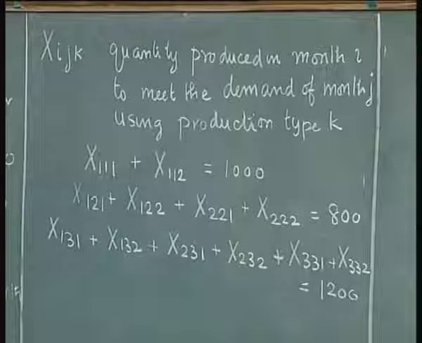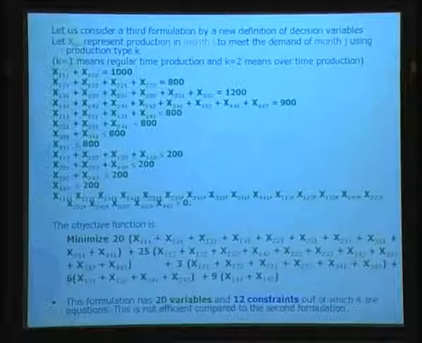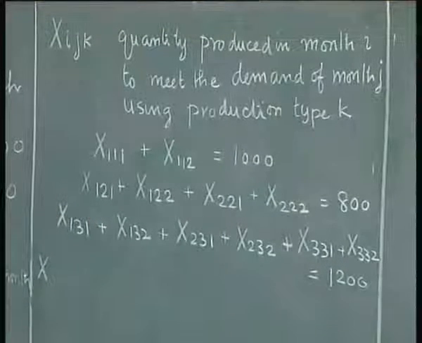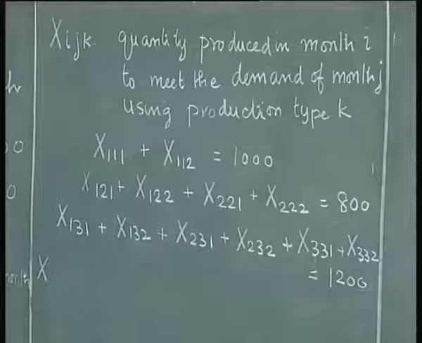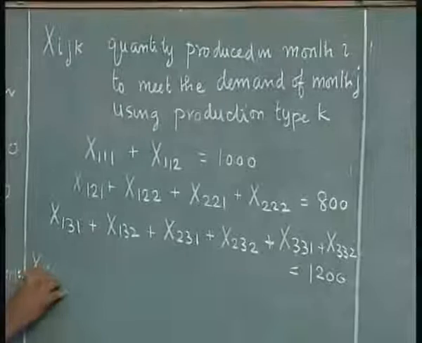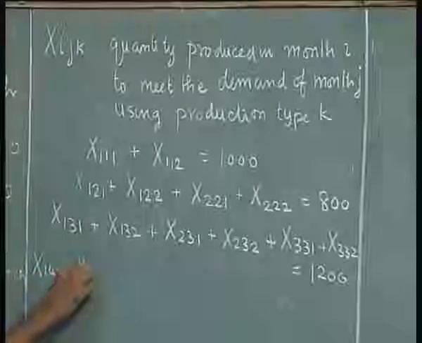Now, we extend it and write it for the fourth month, and now this can be done in 8 ways. You can produce in the first month 2 ways, second month 2 ways, third month 2 ways, and fourth month 2 ways. So, you will have x141 plus x142.